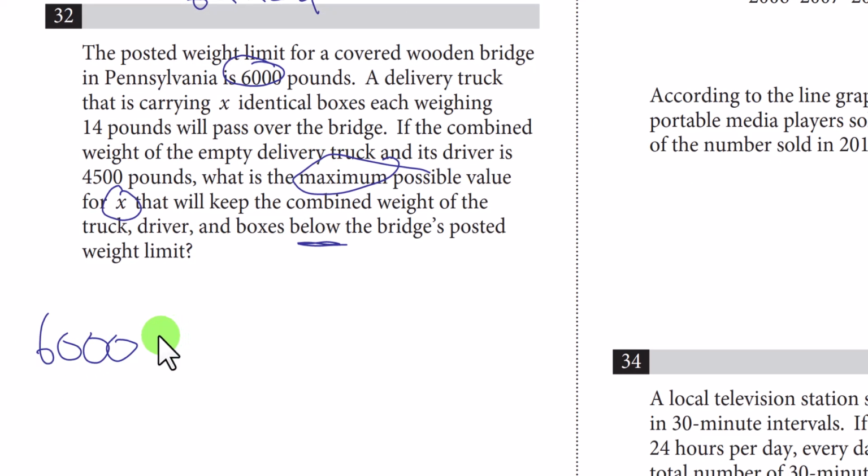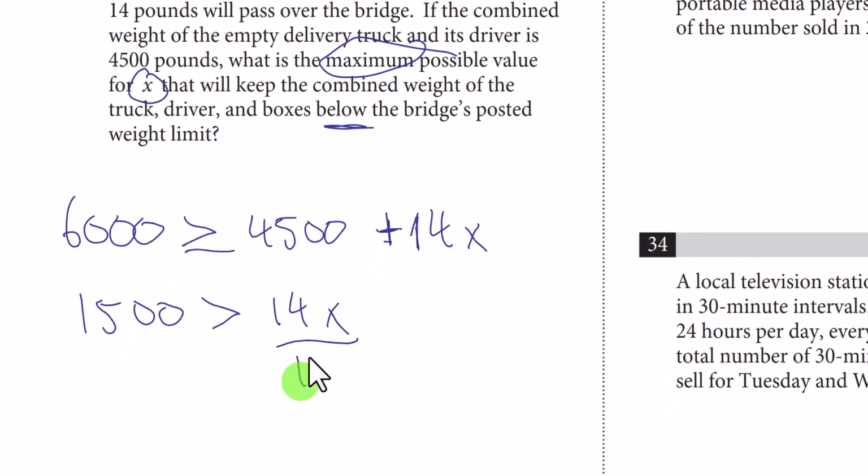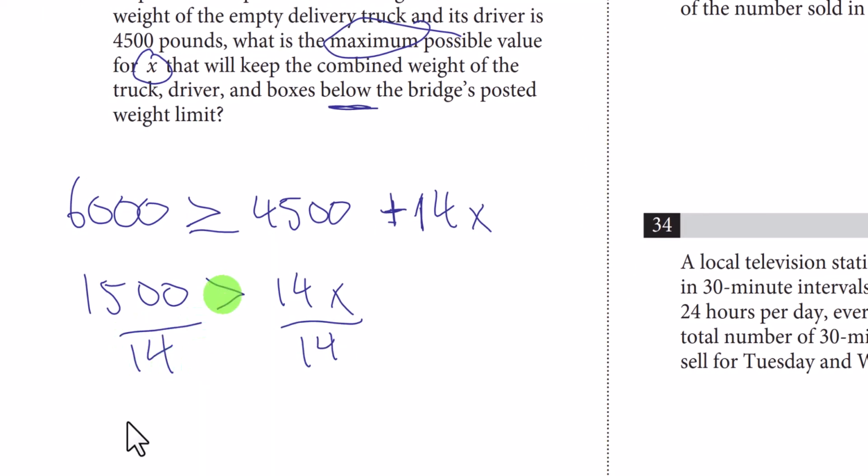Okay, and we want to keep it at or below, actually below, so it should be less than, but we got 4,500 plus 14x, so that's going to turn this into 1,500, 14x, divide both sides by 14. So that's going to get you 107.14 is greater than x.